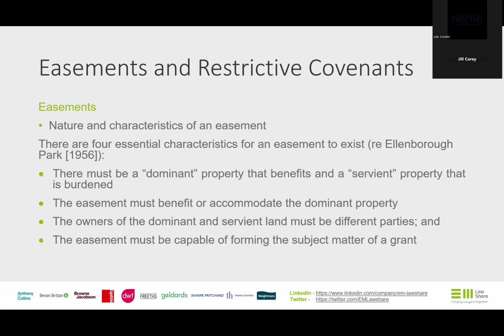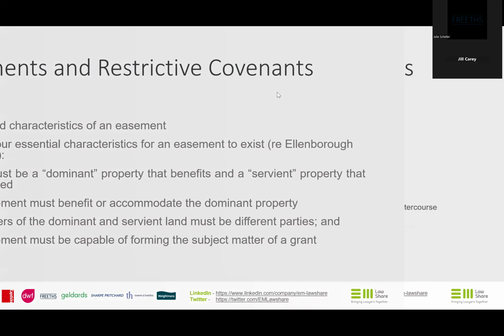The owners of both properties must be different parties, so you can't have an easement against yourself effectively. And finally, the easement must be something that is capable of forming the subject matter of a grant, i.e., it must be capable, or if you are going to grant an easement, it must be something that somebody can actually do to use the land.